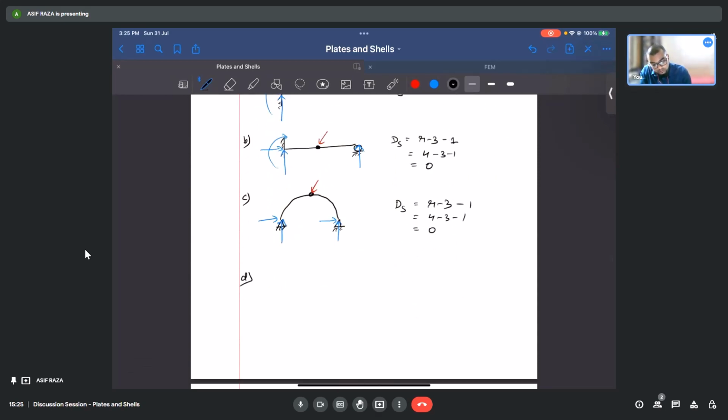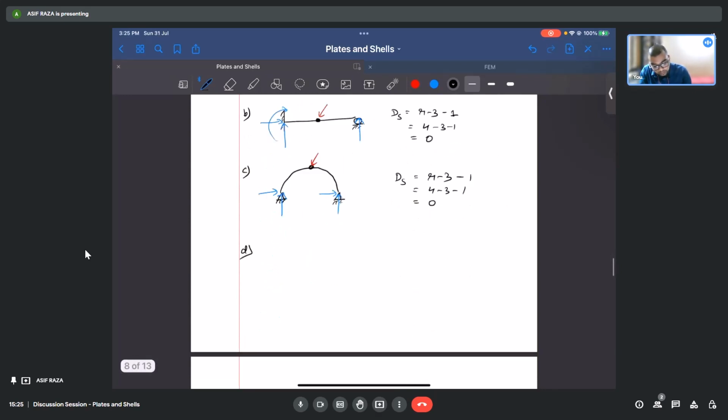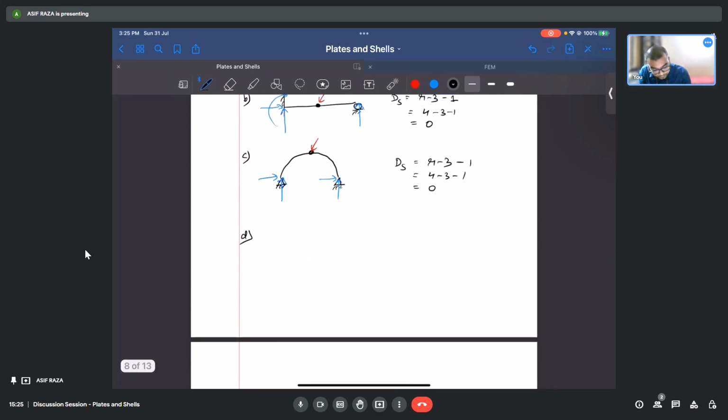Now taking option D, which is a 2-span continuous beam. Suppose we take a case where only vertical loads are applied. So what will be the unknowns in this? We'll get the unknowns as these reactions.